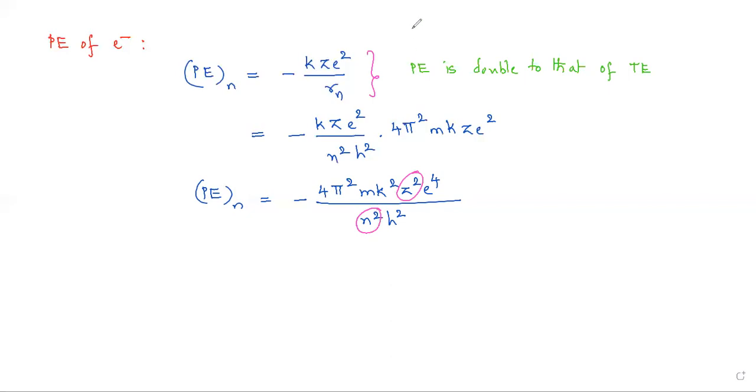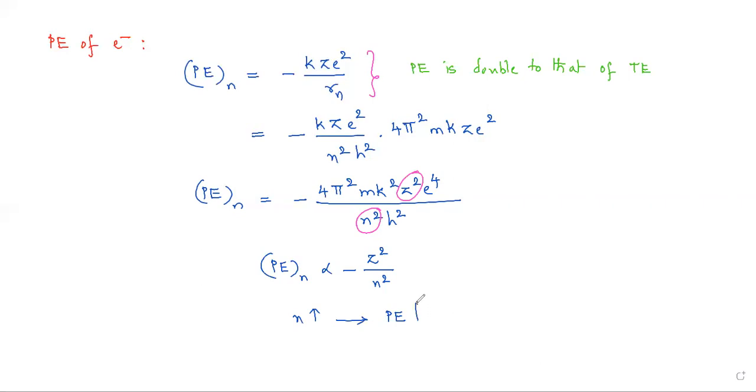Now, even here also it is very clear. Potential energy of electron in nth orbit is directly proportional to minus z square by n square. So even here also I can tell you that with increase in the value of n, of course, potential energy decreases, but that is with the negative sign.